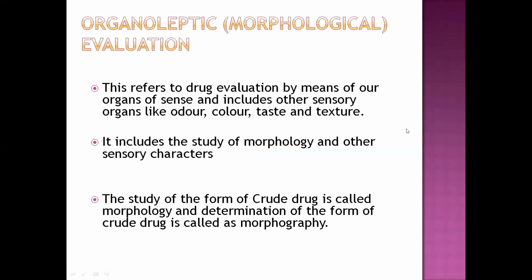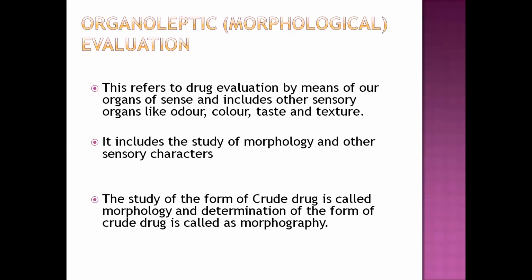Organoleptic and morphological evaluation refers to the drug evaluation method by means of organs of sense, in which we have to use our sense organs. What are sense organs? We can use our eyes to detect the color, our nose to detect the smell, that is the odor, then taste, using the tongue, and texture, how its surface is.